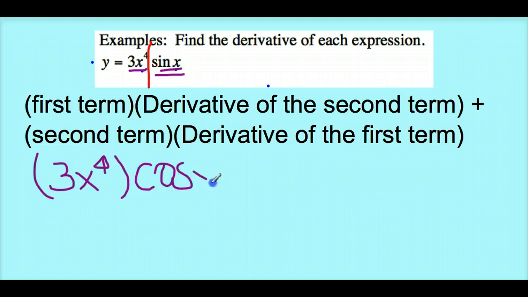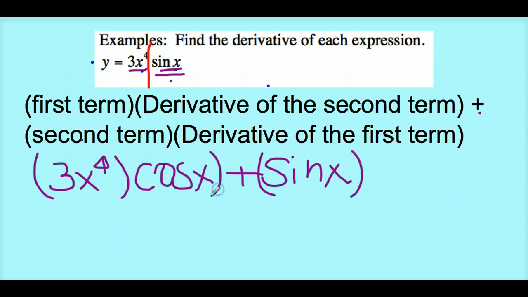So I'm going to write in cosine of x. The next piece tells me to use an addition sign. Then I will use the second term, which according to our problem is the sine of x. I'm going to put in the sine of x, and just to keep consistency, let's put parentheses around it.